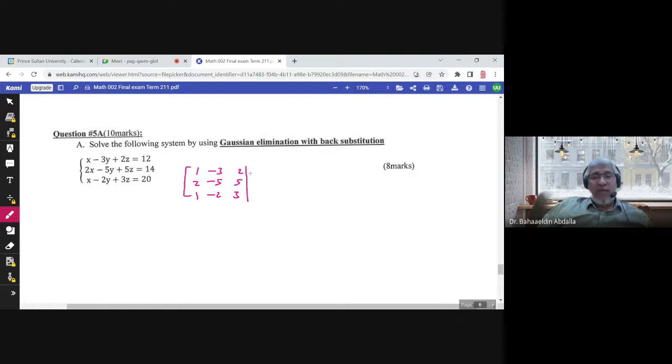And we write this vertical bar, and we write the constants here. And then Gaussian elimination, this number has to be 1. It is 1. So we use it to make these two numbers zeros by row operations. So negative 2 R1 plus R2 and negative R1 plus R3.